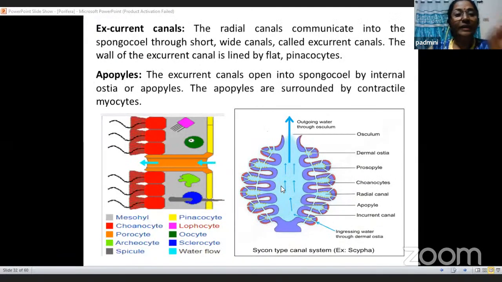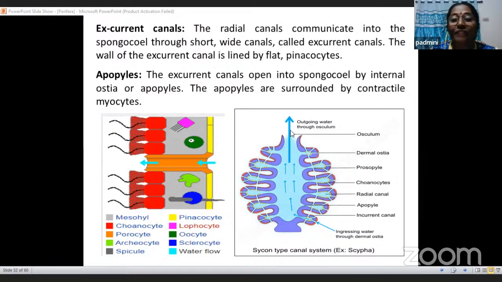So here, when I talk about the excurrent canal and the incurrent canal, don't get confused. What is an incurrent and an excurrent canal? Incurrent is when water is coming from outside, it is called an incurrent canal. Excurrent, ex means it has to go outside. So excurrent is when the current is being produced inside the walls of the spongocoel, the water is moving away.